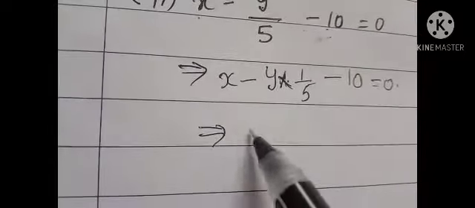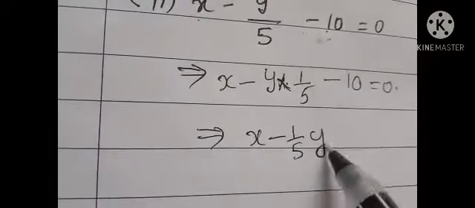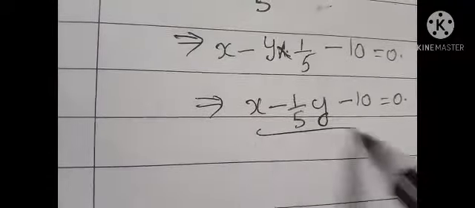Then we can rewrite this as x minus 1 by 5 y minus 10 equals 0. Now this is the standard form or general form ax plus by plus c equals 0.